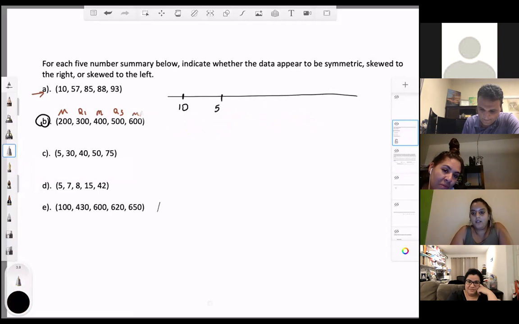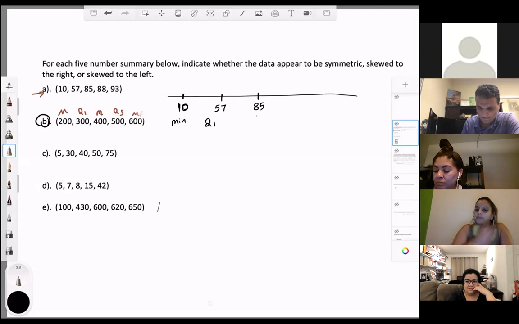Q1 is 57. Median is 85. Q3 is 88. And maximum is 93.